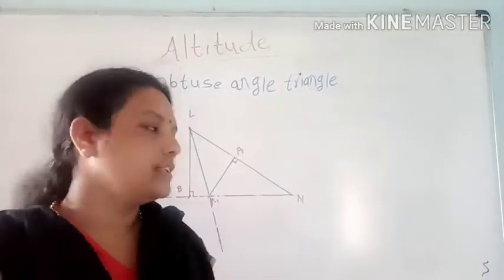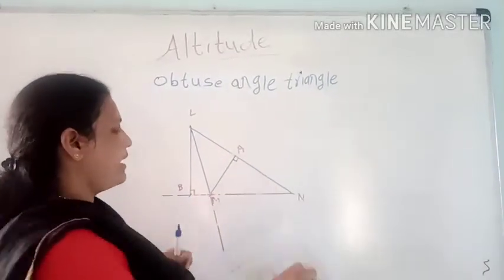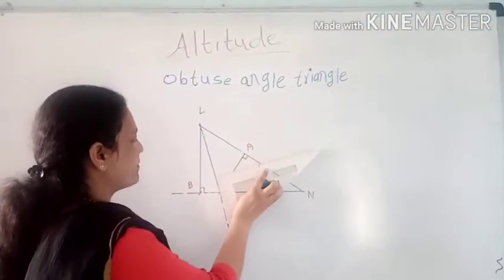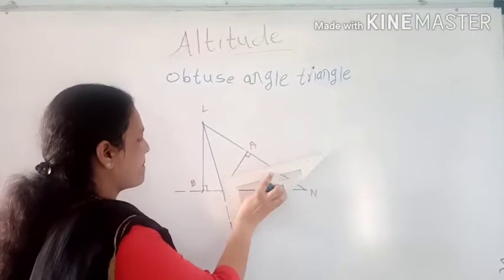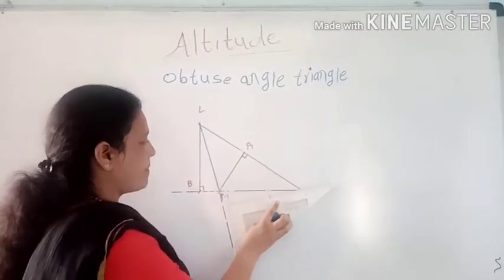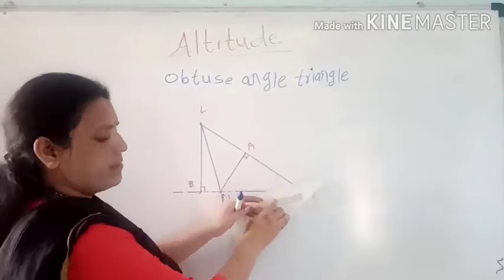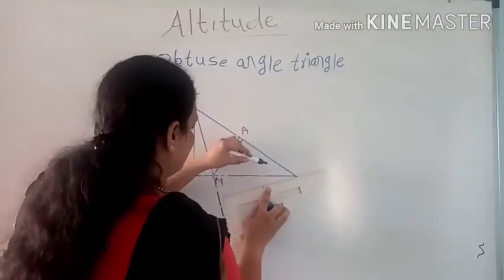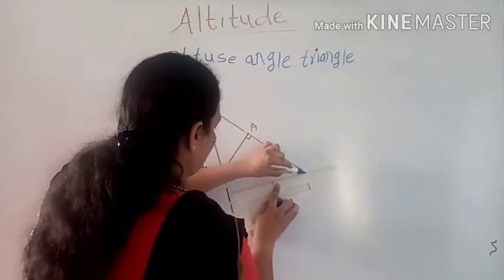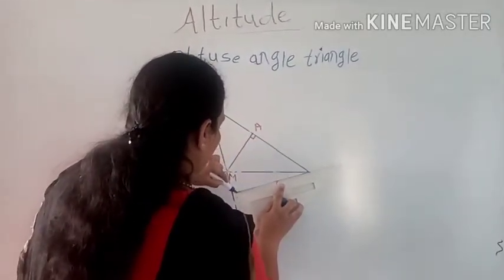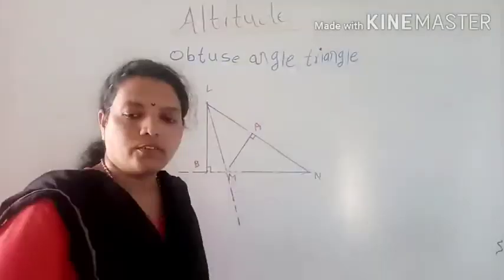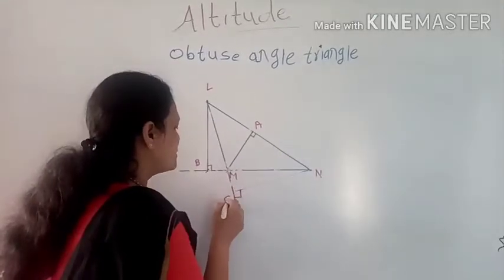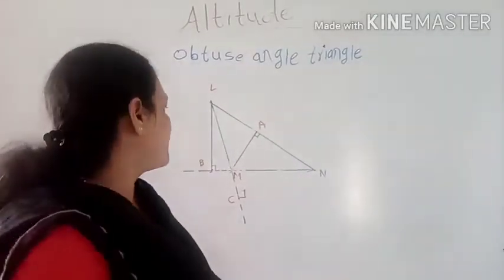Now we will draw the altitude from N on LM. Now this is our third altitude. We will give the name C. So NC is perpendicular to LM.